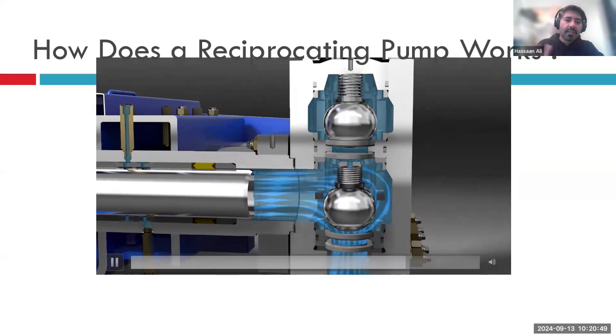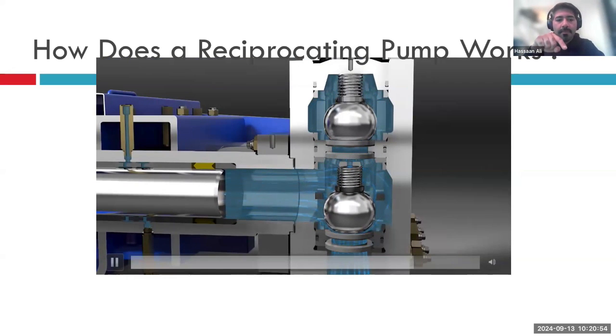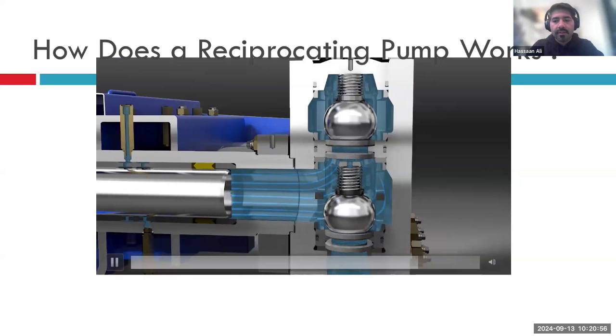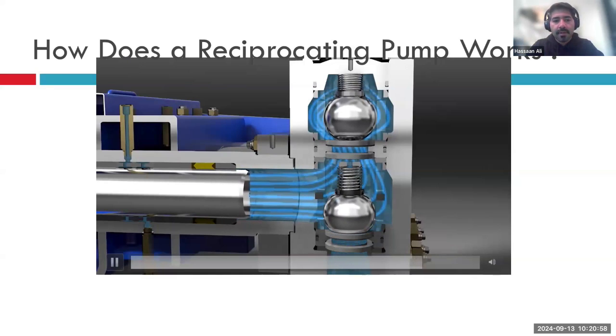And it will continue doing this. What you want to do is essentially all the cylinders in this reciprocating pump. There are multiple cylinders. We are going to talk about them. In this one, there are, I think, 3.